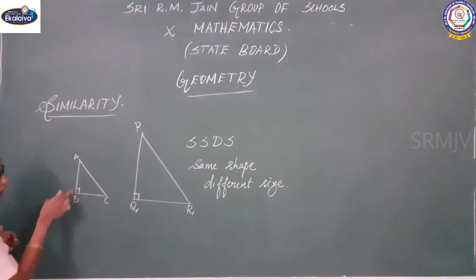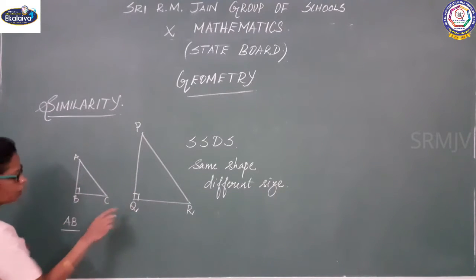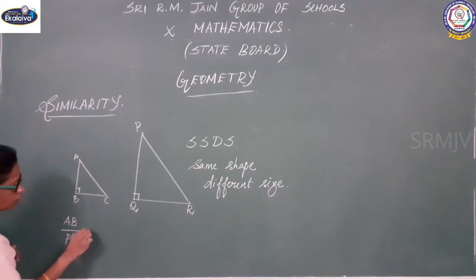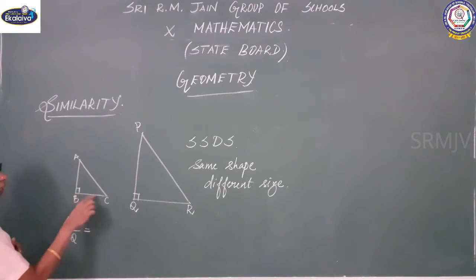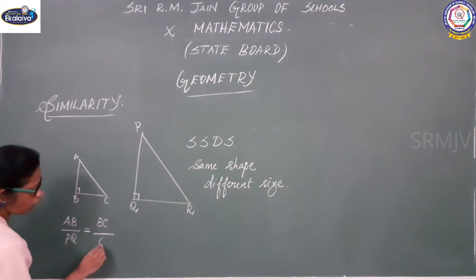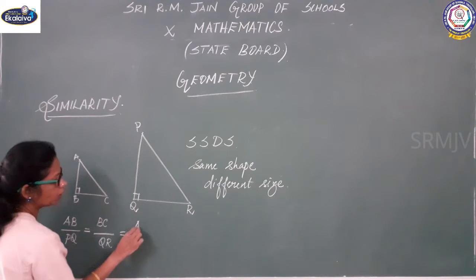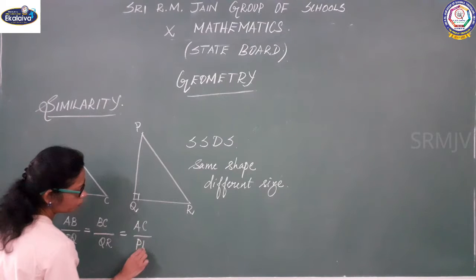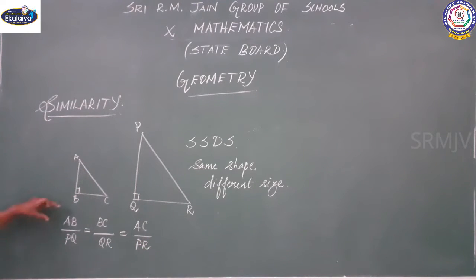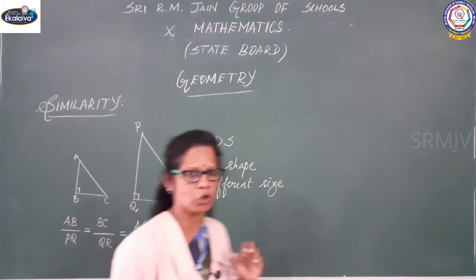Now you see, AB divided by PQ equal to BC divided by QR, which is equal to AC divided by PR. Got it, children? AB by PQ, BC by QR, AC by PR. I use the words corresponding sides are proportional, right?